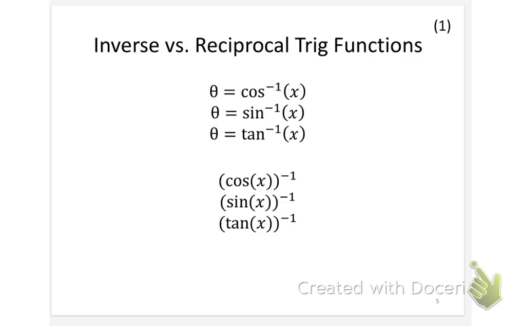So the big question that comes up is, what's the difference between an inverse versus a reciprocal in trig functions? Well, inverses are undoing the trig function. So the inverse cosine would undo the cosine function, whereas reciprocals are just the fraction flip-flopped. So we use inverses when we solve for angles a lot of the time.